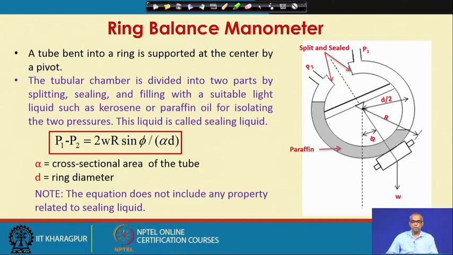Let us now talk about ring balance manometer. Note that the deadweight pressure gauge as well as the ring balance manometers are the instruments where I am measuring pressure by balancing it against known force.